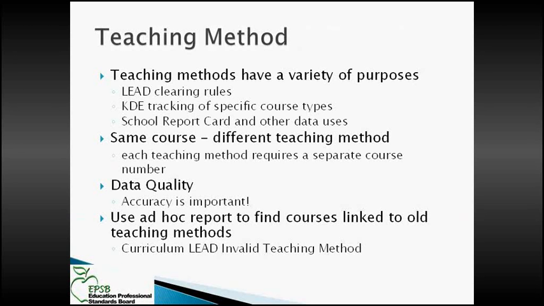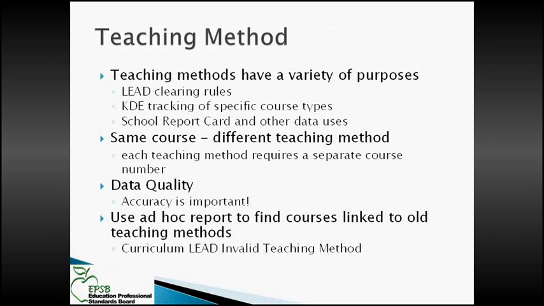It's now part of the school report card as far as how they're looking at credit recovery classes and distance learning classes and things like that. It is very important that you get these in and correct. Please be aware that if a course has multiple teaching methods, such as you have an Algebra 1 course that's being offered by direct instruction and by Plato and for credit recovery, all three of those will need separate course numbers in your Infinite Campus system.